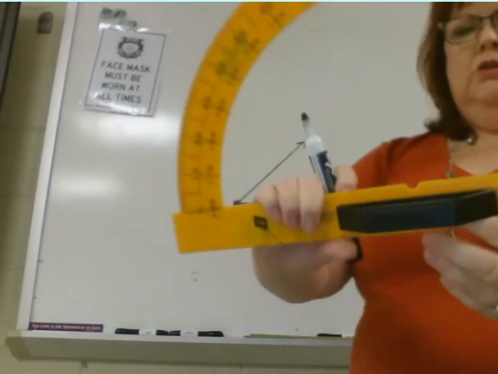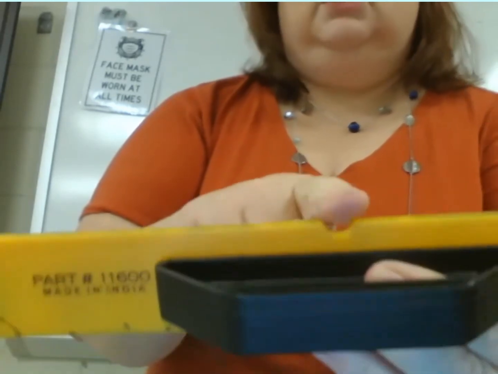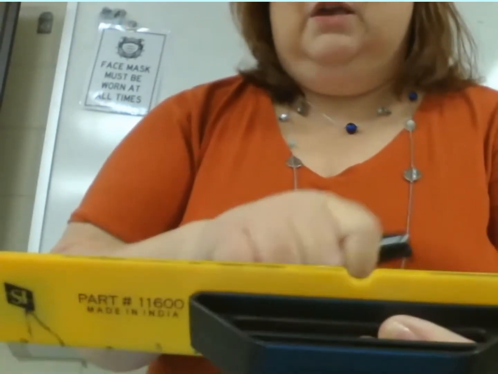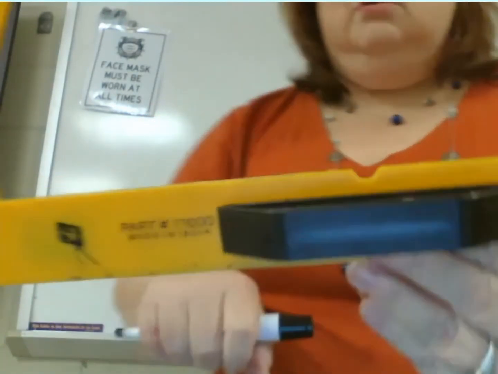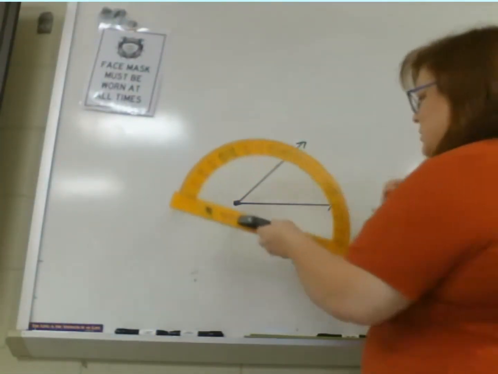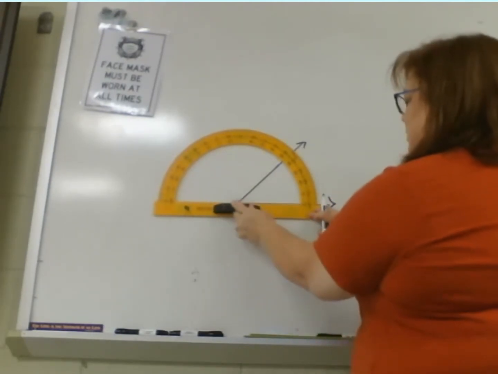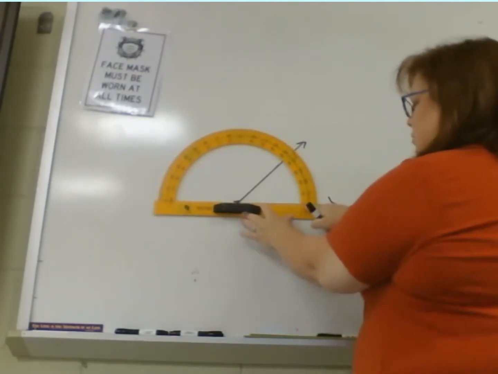There's usually a little dot, either a little indentation, or a little bubble, or a little crisscrossing thing right there in the center, and you will line that up with your vertex. And then one of the legs needs to point to 0. So when I got it on here, I'm pointing this leg, this 0 points out better.